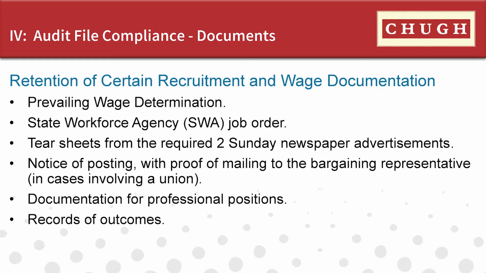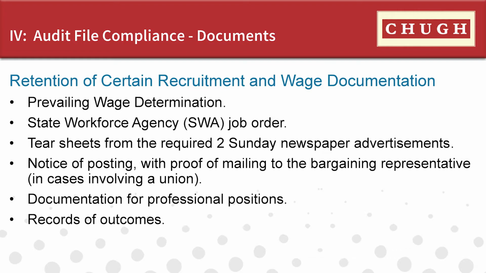Outcome is an important component of the audit file. This means that the employers must have records of the results. This essentially answers the question about who applied and why U.S. applicants were not considered to meet the standards of ability, willingness, and qualification for the offered position. This documentation includes a summary of the results of recruitment and the resumes of the applicants for the position.